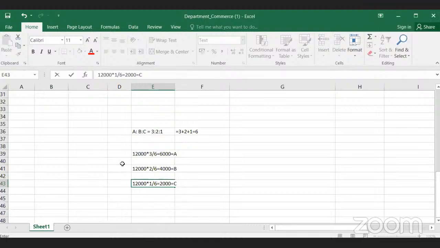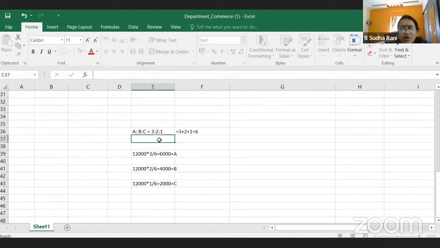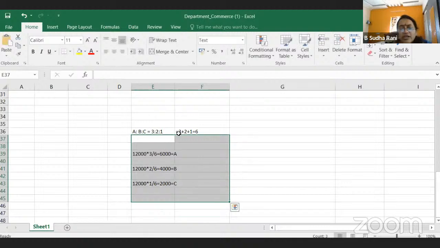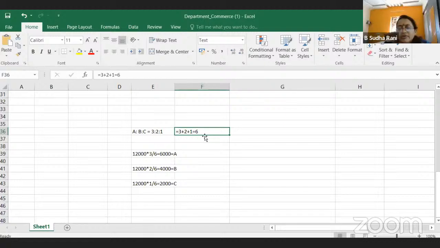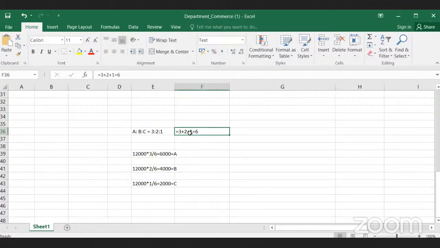Yes, ma'am. Understood? This is how the profit sharing ratio is to be calculated. Whenever you calculate, you should find the total of the ratio he gave, so add all that, you will get the total. Then each ratio is divided by the total ratio. Understood?